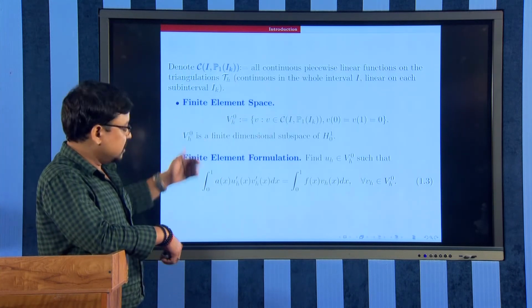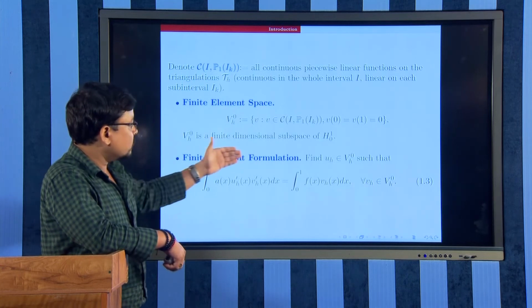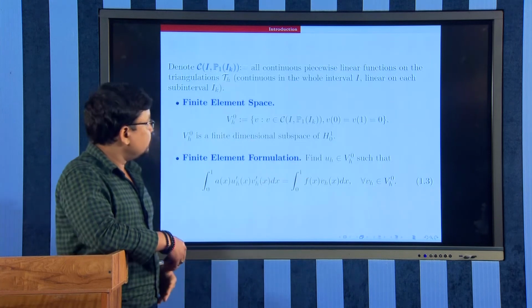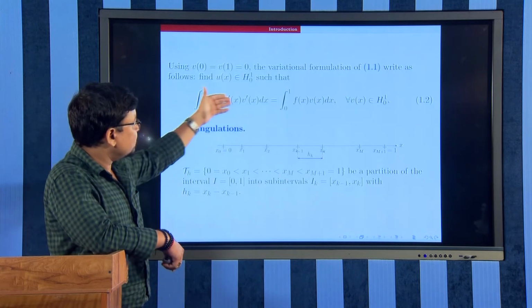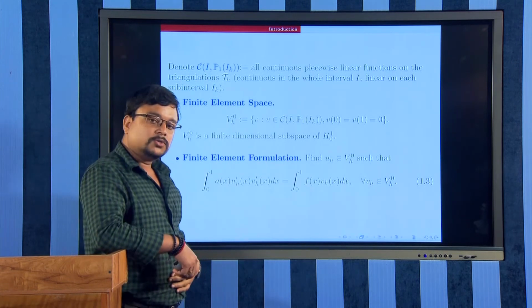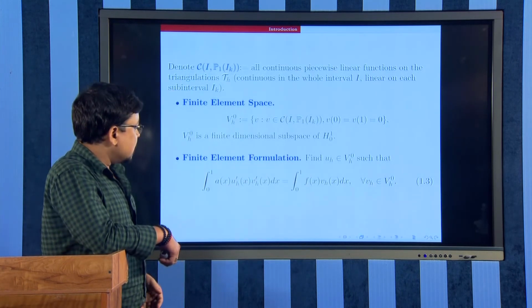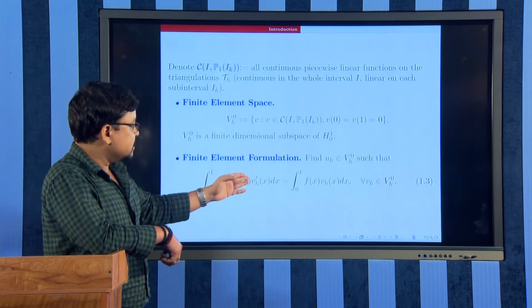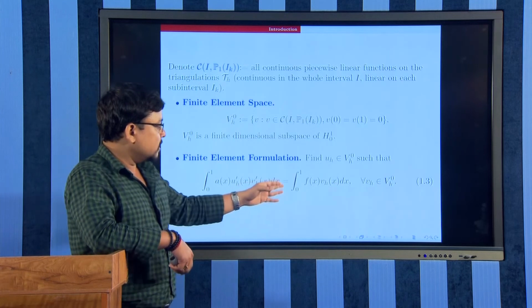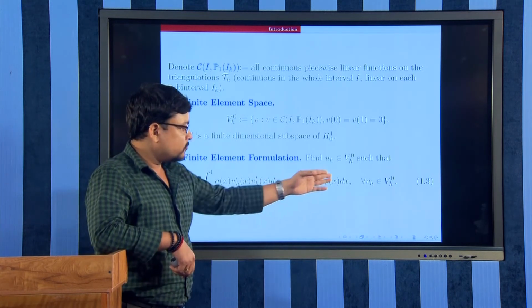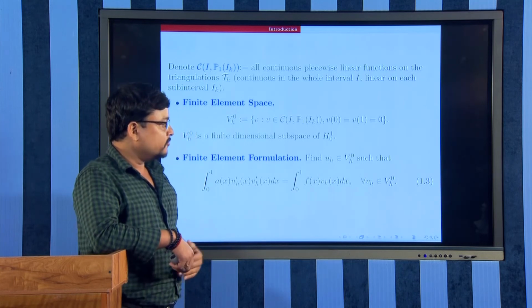So finally we can write the finite element formulation from the weak form: find u_h belonging to V_h^0 such that the integral from 0 to 1 of a(x) u_h'(x) v_h'(x) dx equals the integral from 0 to 1 of f(x) v_h(x) dx, for all v_h belonging to V_h^0.